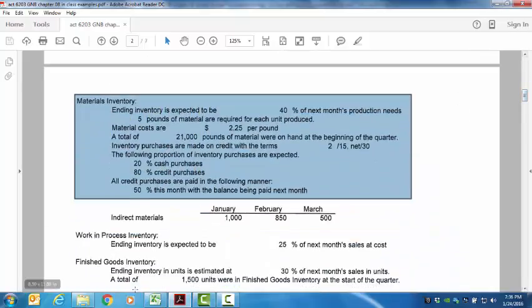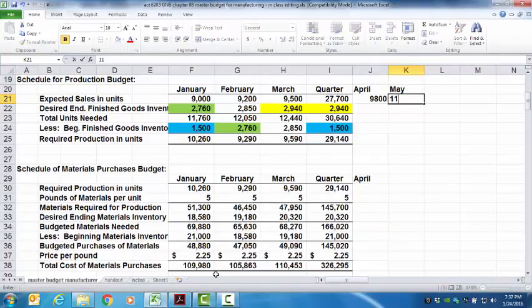So I'm going to take that 11,000, put that in place, and find 30% of that next month, 3,300.